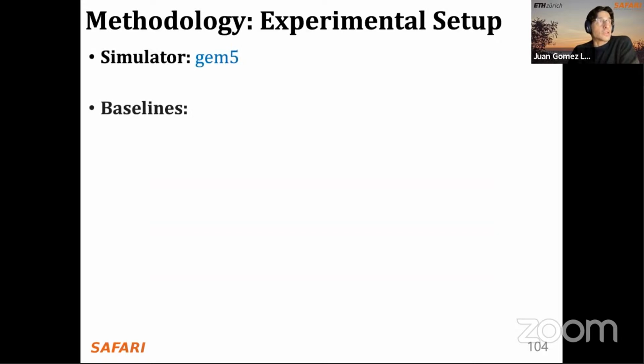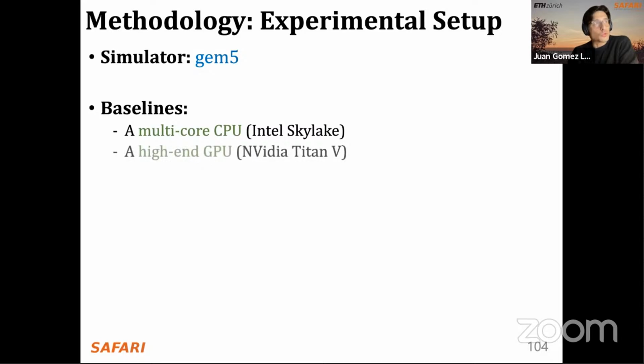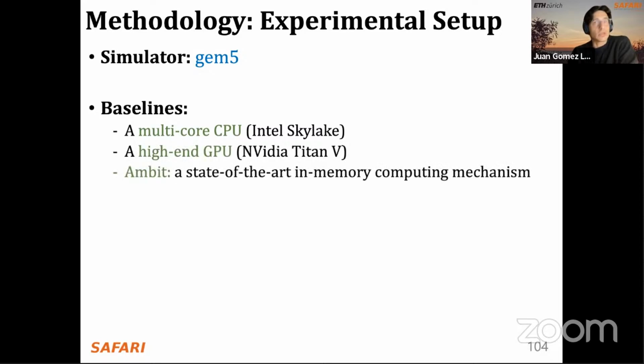In the end, this is going to be quick, even though it's for sure important. We are comparing to state-of-the-art processor-centric systems with CPUs and GPUs, and we also compare to another state-of-the-art processing-using-DRAM mechanism, that is Ambit.